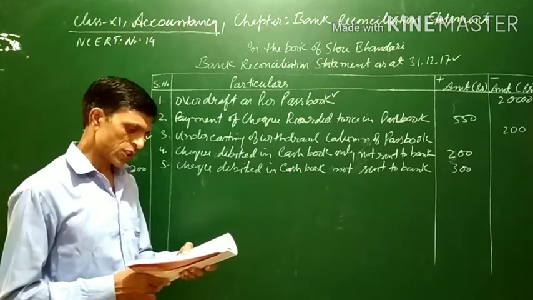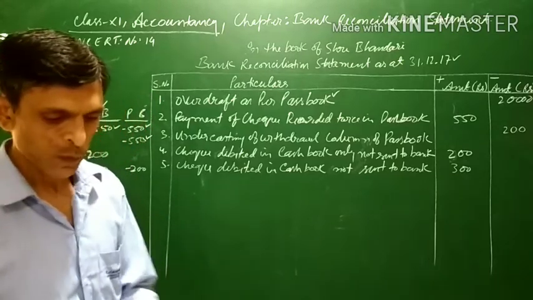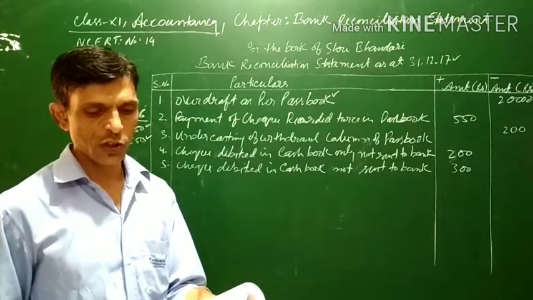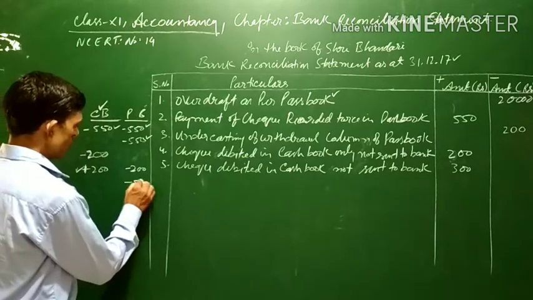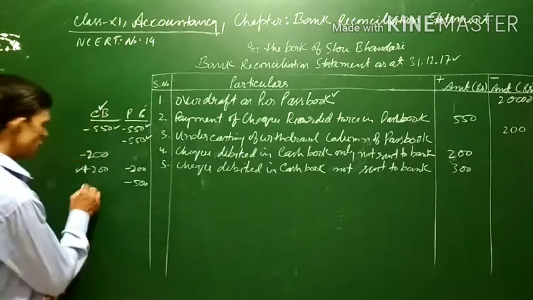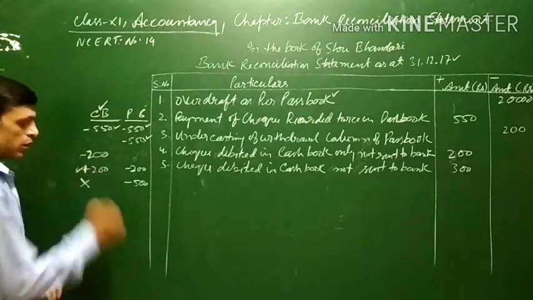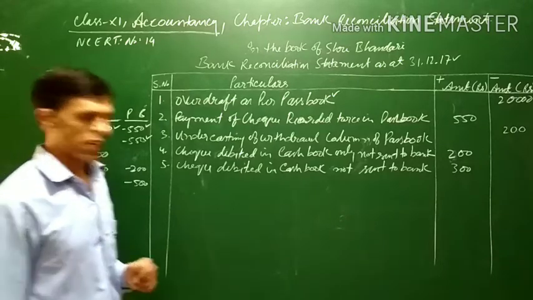And the last, rupees 500 in respect of dishonored check were entered in the passbook but not in the cash book. In the passbook a check was dishonored, means 500 less balance will be reflecting in the passbook, but it has not been recorded in the cash book. So 500 excess balance will be reflecting in the cash book again.